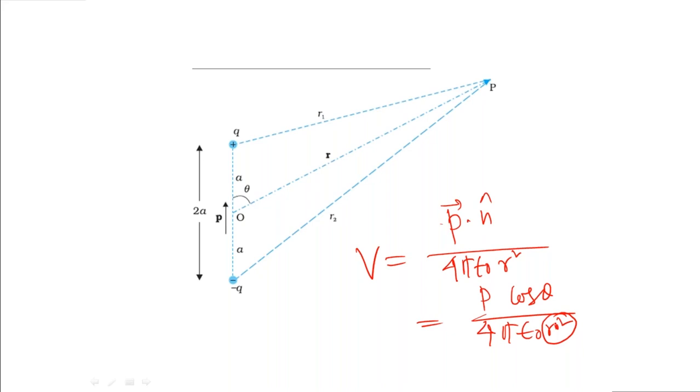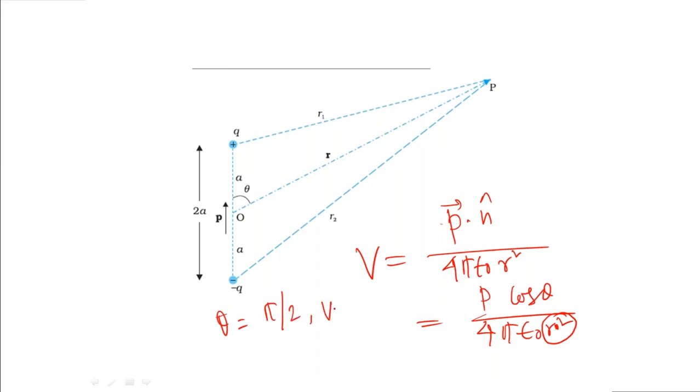Now look, if theta is pi by 2, what will be the potential? The potential will be 0. If theta is pi, the potential will be minus 1 times the factor. If theta is 2 pi or 0, what is the potential?